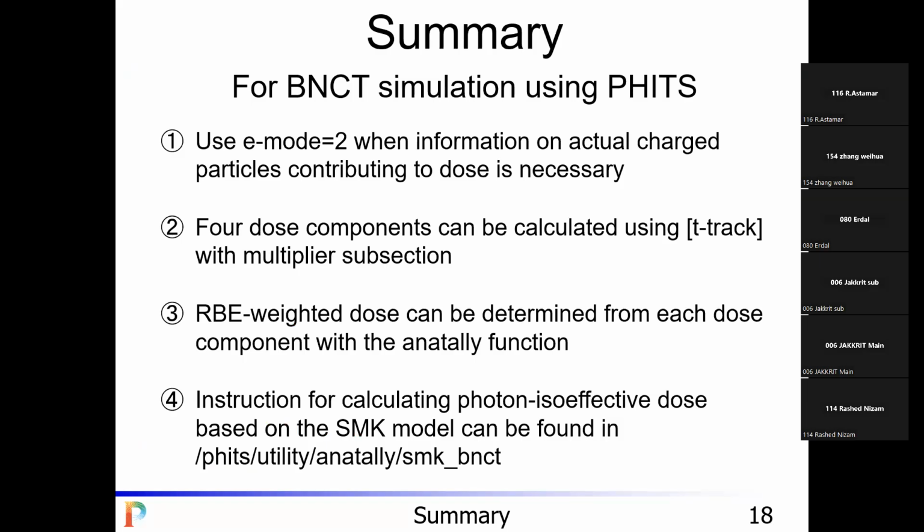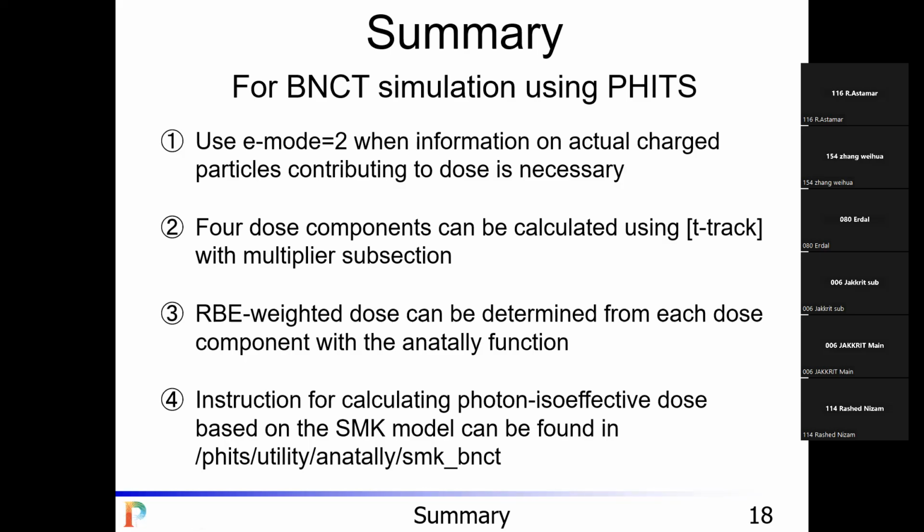But for classical BNCT dosimetry, you don't have to turn on E mode equal to 2, because you need to calculate each dose component separately using the T-track section coupled with the multiplier subsections. And the RBE weighted dose can be determined from each dose component with unitary functions.